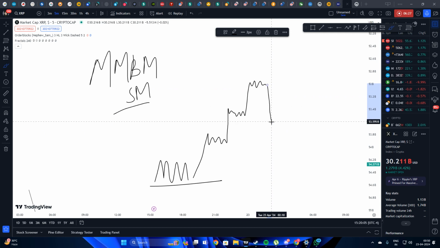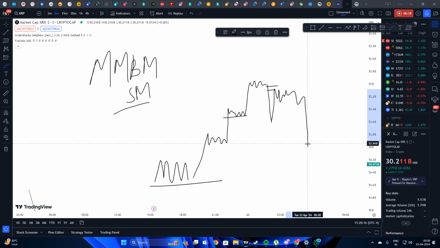Now, when it goes down, it takes all these stops below. Then it goes up again and takes out these OBs, consolidates a little, then goes down and takes out all these stops.